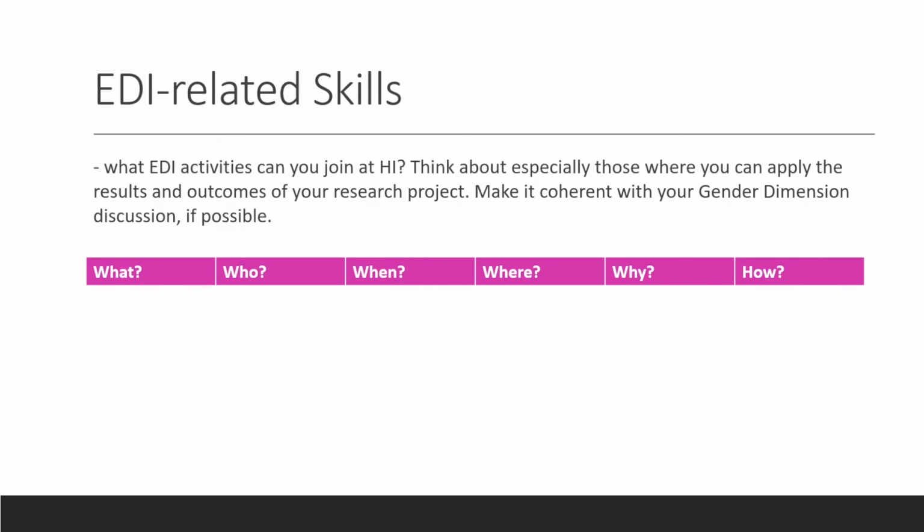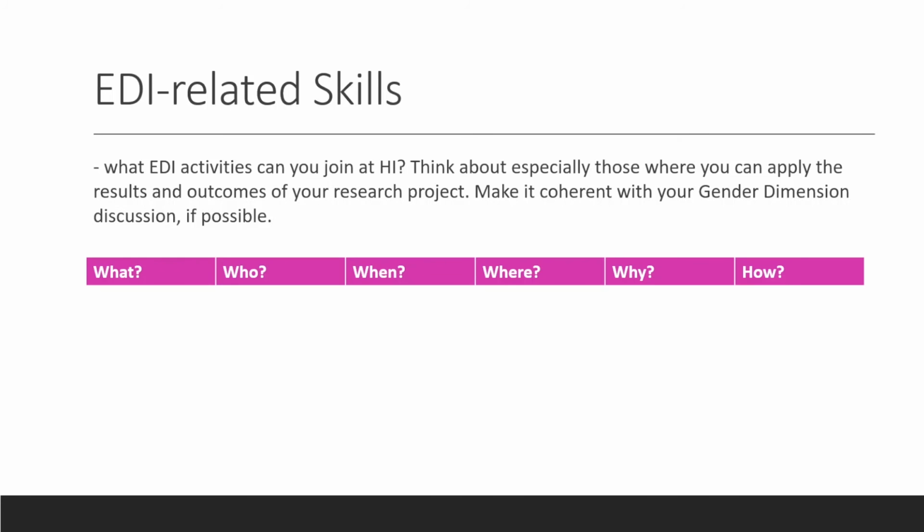Finally, you can also include knowledge transfer in EDI-related skills and competencies. When considering EDI activities, it's essential to identify those that not only promote diversity and inclusivity, but also allow us to apply the results and outcomes of the research project. Also, make this part coherent with your gender dimension discussion, if possible.